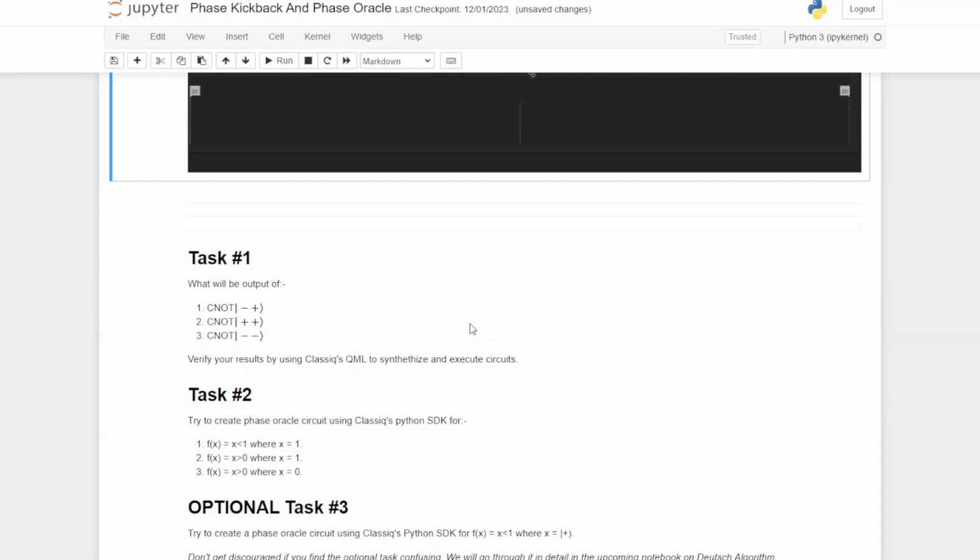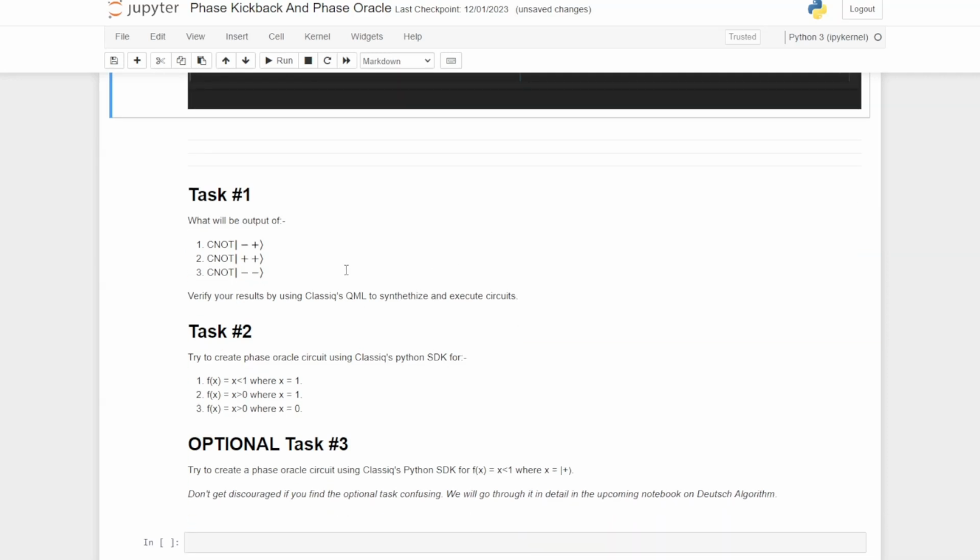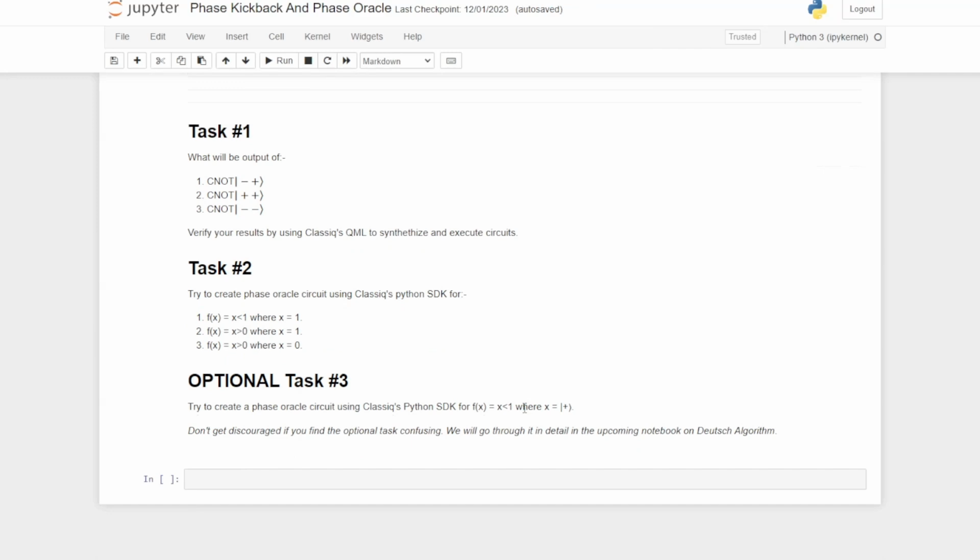Now let's see the tasks. You should stop the video here and try to solve these tasks, and then come back here for the answers if you have any confusion. So let's start. In task 1, we are applying a CNOT gate with minus as control and plus as target. For this one, the output will be unchanged, meaning the output will remain minus plus.